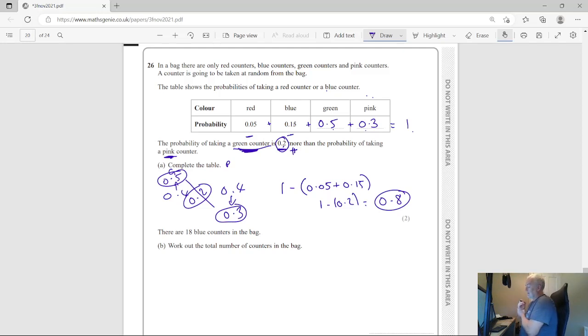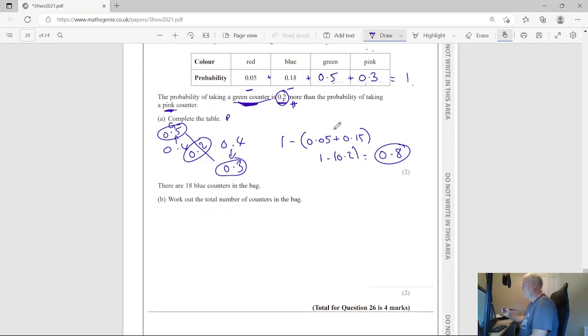If there are 18 blue counters in the bag, work out the total number of counters in the bag. Okay, so let's see what we know. We know that if there are 18 blue, that equals 0.15. We want to make it equal to one whole one.